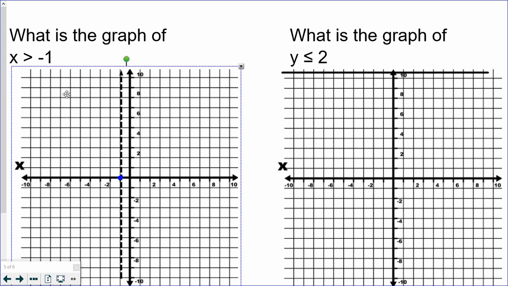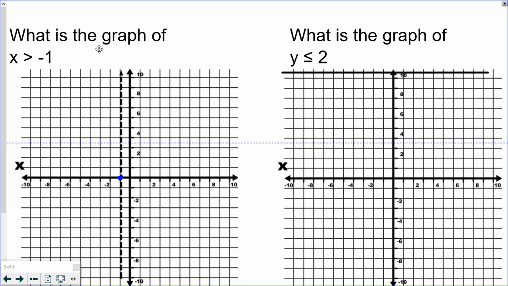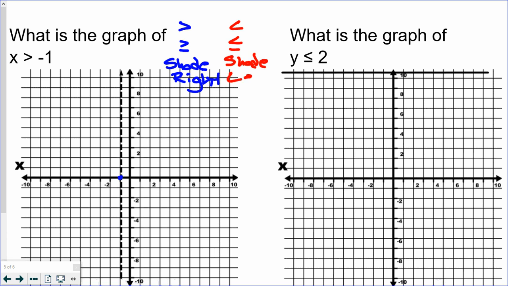So in this one, how do I know which way to shade? Well, if it's greater than or greater than or equal to, you shade to the right. If it's less than or equal to, you shade to the left. So a vertical line is different.